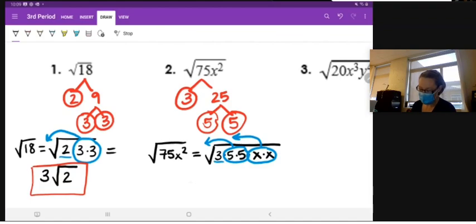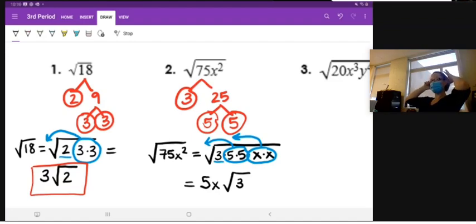So in front of our radical, we're going to have a 5 times x, and inside the radical, we're left over with just a 3. So our answer looks like 5x times the square root of 3.